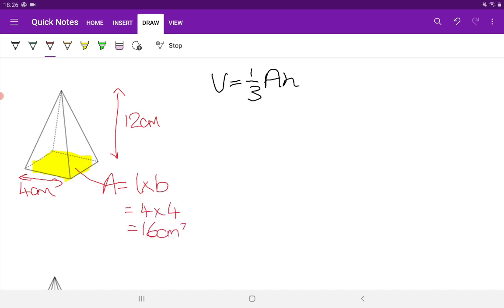So we might need to work that out first, but now that we've done that, the volume is going to be a third times the area, which we've just worked out is 16, times the height, which is 12. Okay, so we're basically doing 16 times 12 divided by 3. Okay, remember, if you're working out a third of something, you're dividing it by 3. And we get 64, and this one's in centimetres, so cubic centimetres.